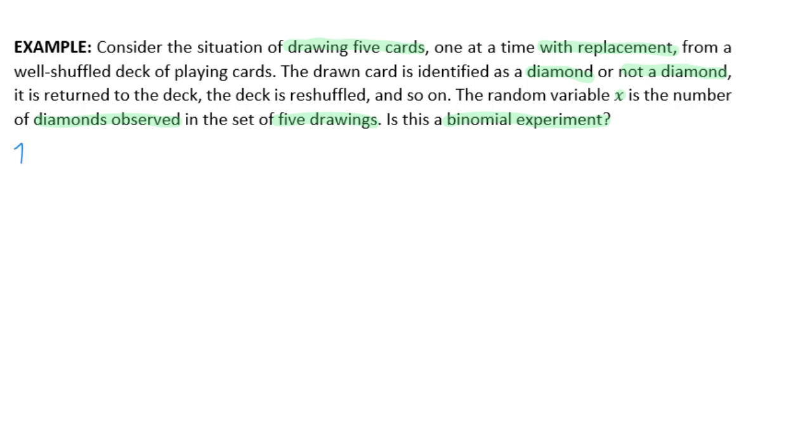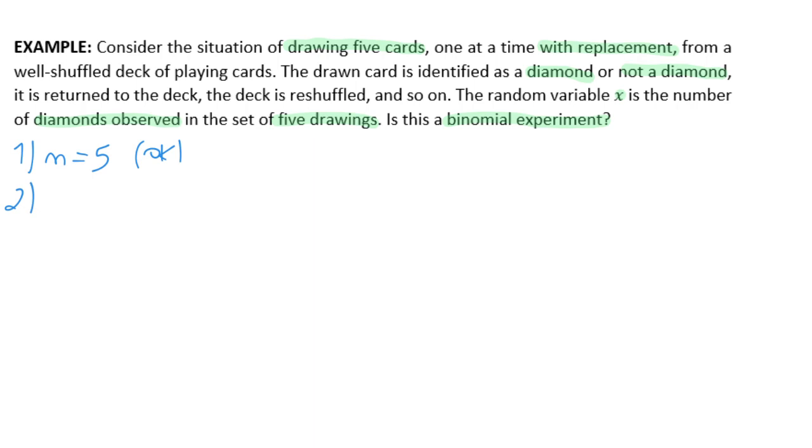Number 1, there are 5 repeated drawings. I mean, n equals 5. These individual trials are independent because the drawn card is returned to the deck and the deck is reshuffled before the next drawing. So property number 1 is okay.